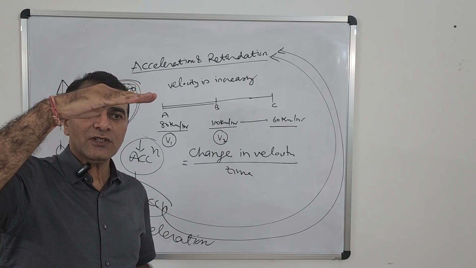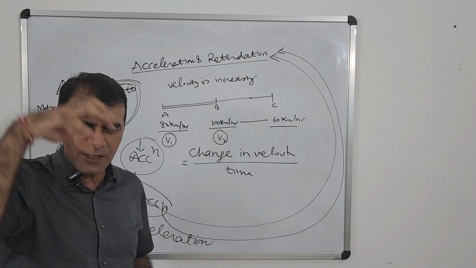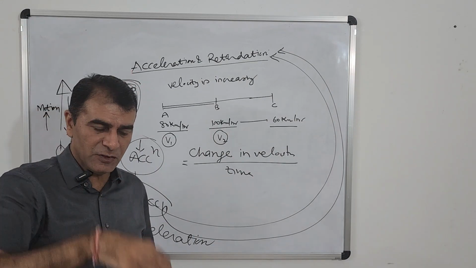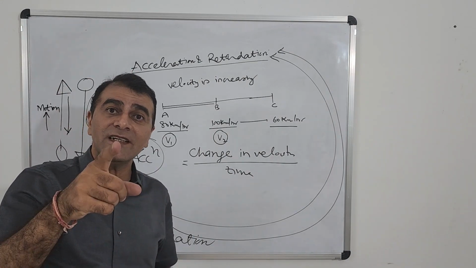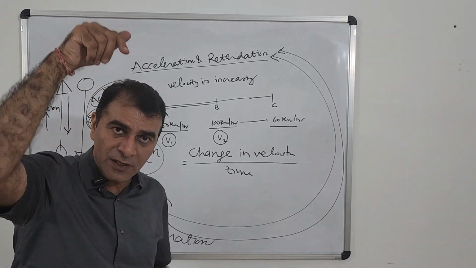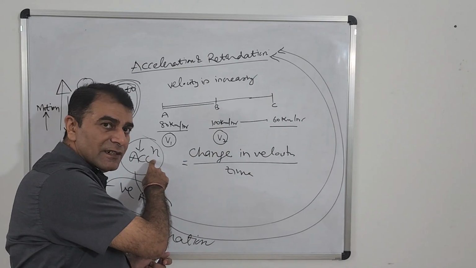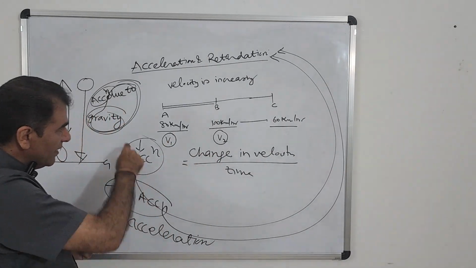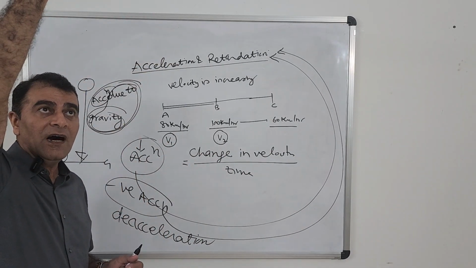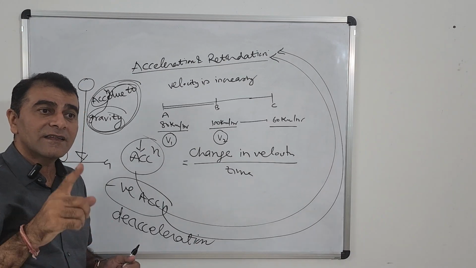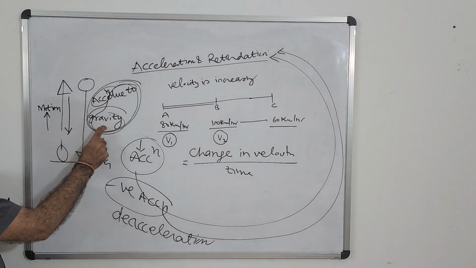So from here velocity is low, and due to the pull of gravity, its velocity will increase. So there is change in velocity when it is going downward, and change in velocity is called acceleration. So acceleration is there when a body is falling from height to ground, but that acceleration is only due to gravity, right?